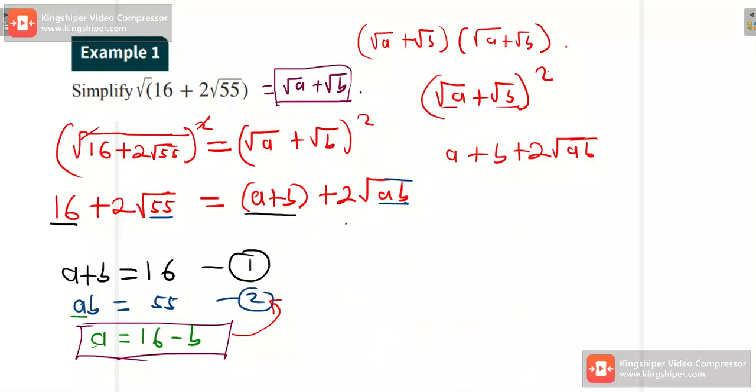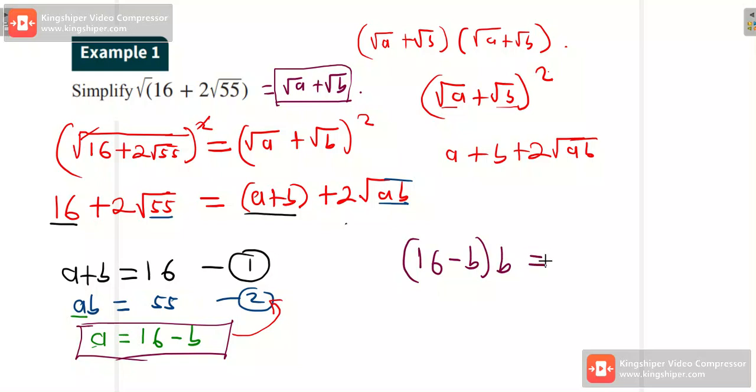So A is equal to 16 minus B. We are going to put it into equation 2. So from equation 2, wherever you see A, you write 16 minus B, then it will multiply the B again.